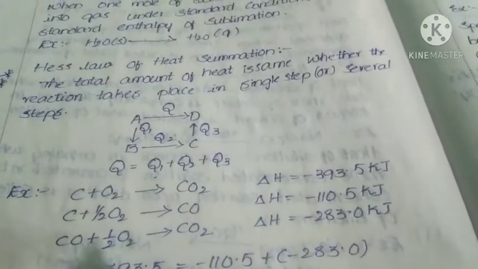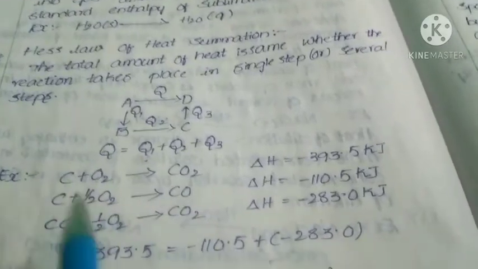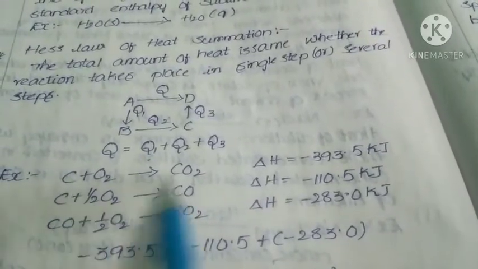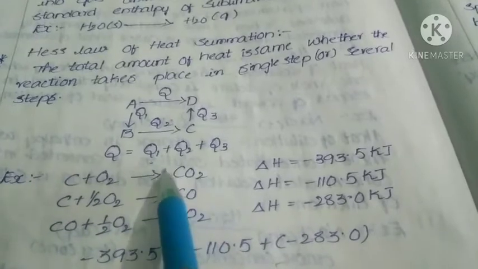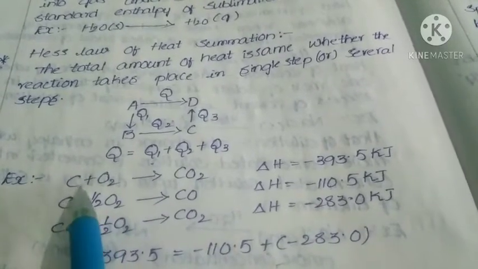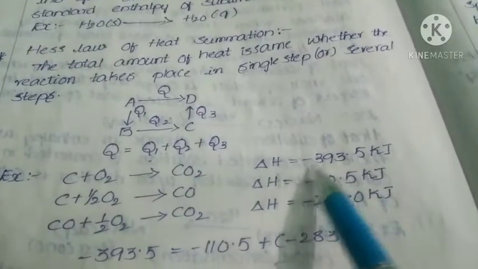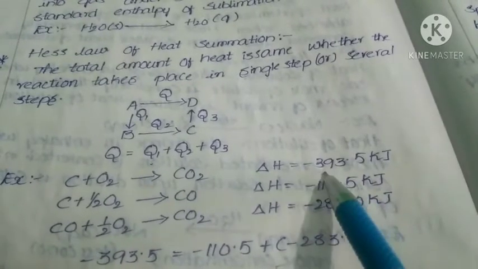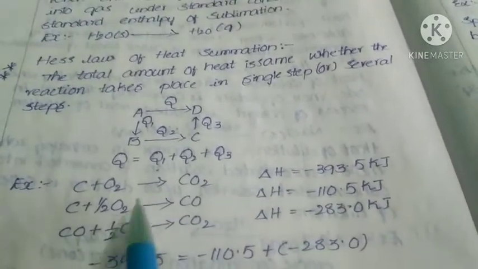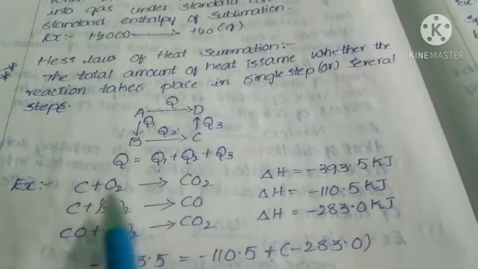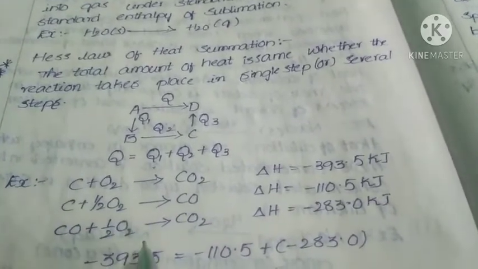If you see this example, then you get a clear idea. See, in this step, carbon dioxide is made from carbon and oxygen directly, it needs this much energy. That means this energy is liberated. This carbon dioxide can be made from carbon and oxygen in different steps.